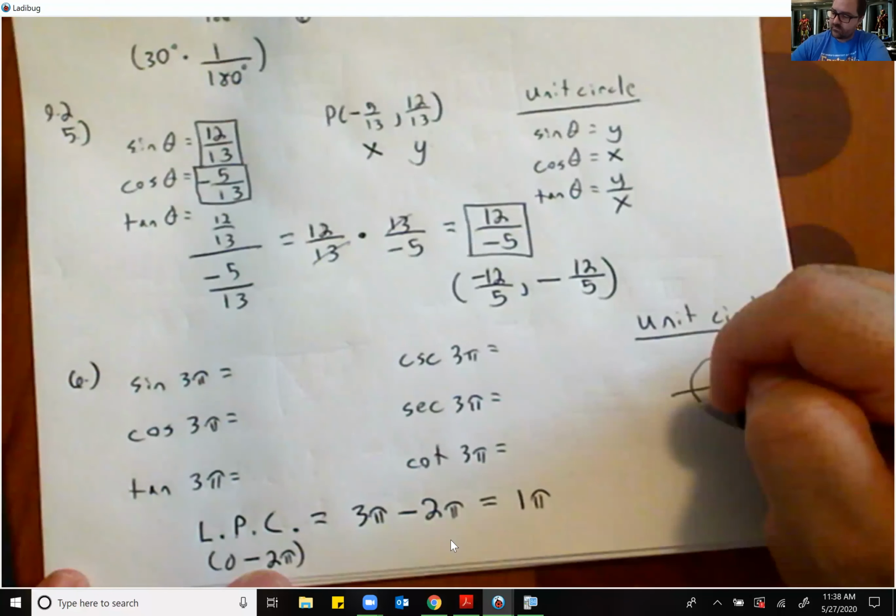Okay? So all we're going to do is go over here. We know that our B value is 7. So our period will equal 2 pi divided by 7. And then you need to make sure that if there's any reducing, reduce it. Okay? There is no reducing, so now you know the period. It's gotten shorter. Our period will be 2 pi over 7.